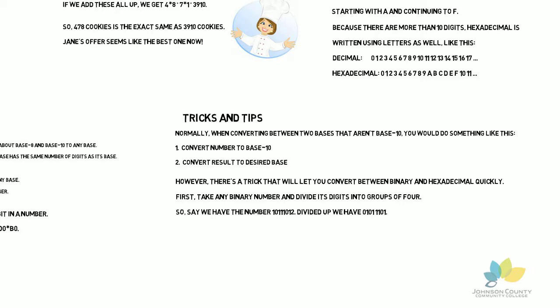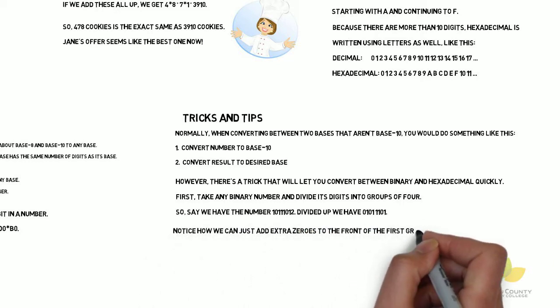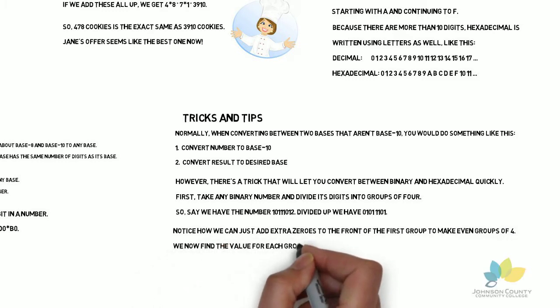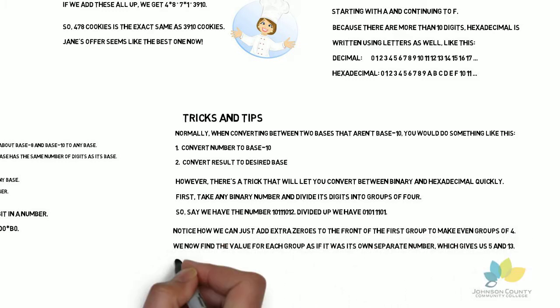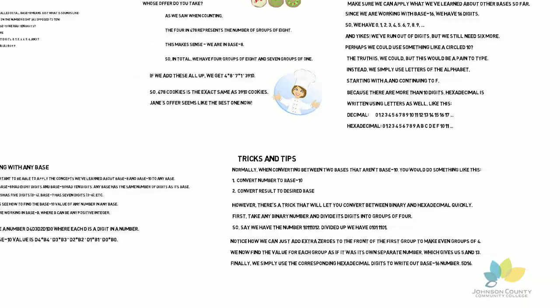Say we have the number 1011101. Divided up, it's 101, 1101. Notice we can add extra zeros to the front of the first group to make it groups of 4: 0101, 1101. We find the value of each group as its own number, which gives us 5 and 13. Finally, we simply use the corresponding hexadecimal digits to write out the base 16 number, 5D.